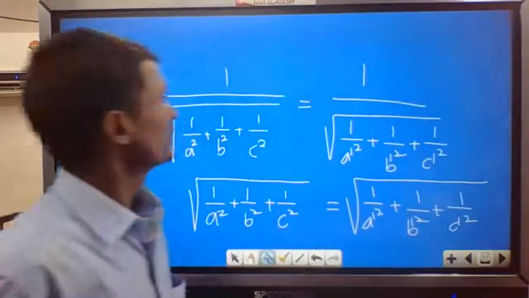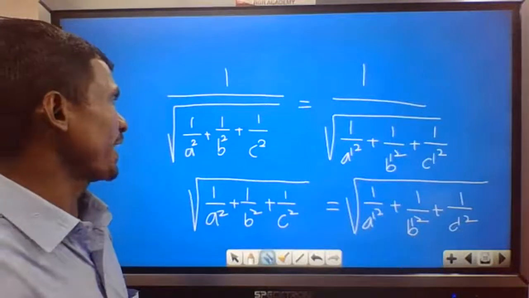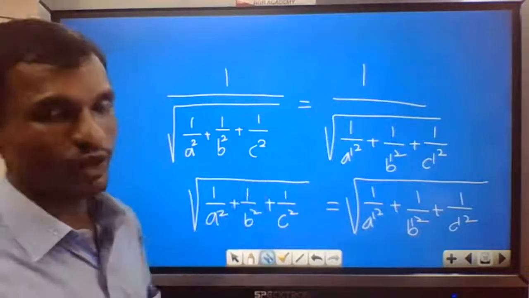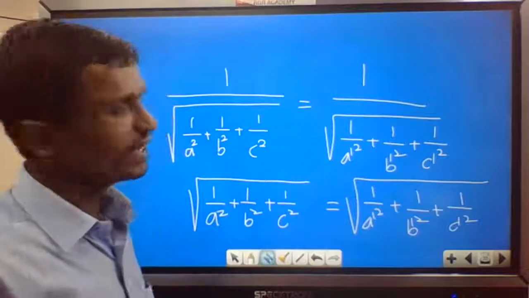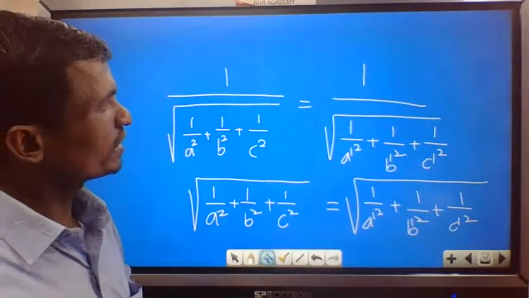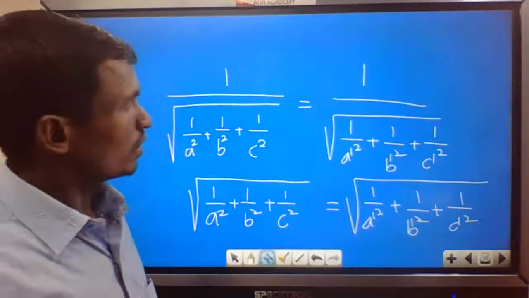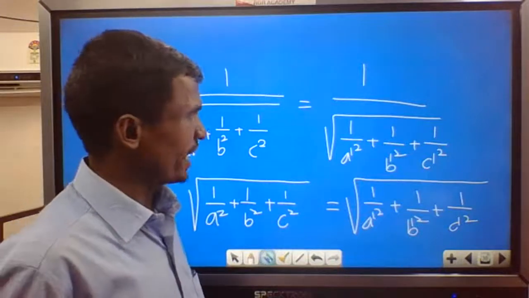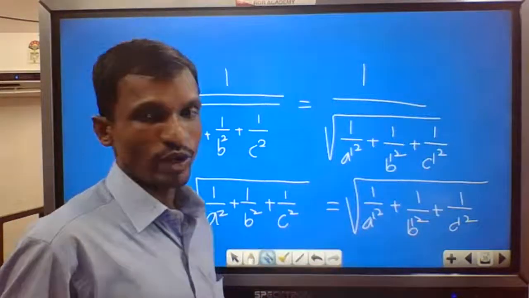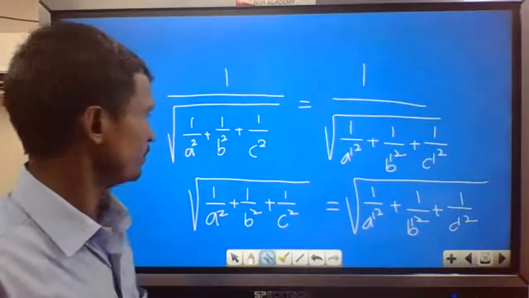And then the 1 by root of 1 by a square plus 1 by b square plus 1 by c square is equivalent to what? The 1 by root of 1 by a' square plus 1 by b' square plus 1 by c' square.